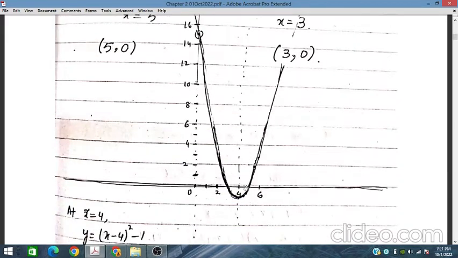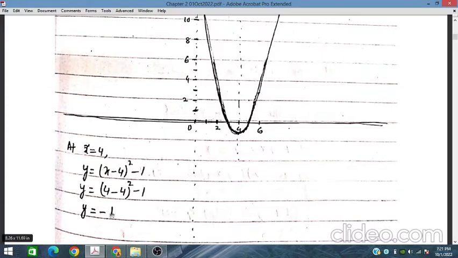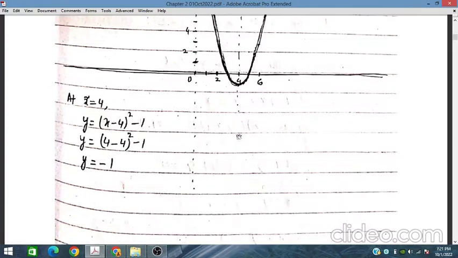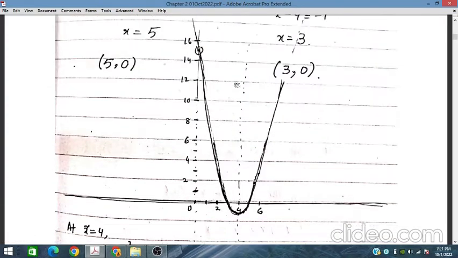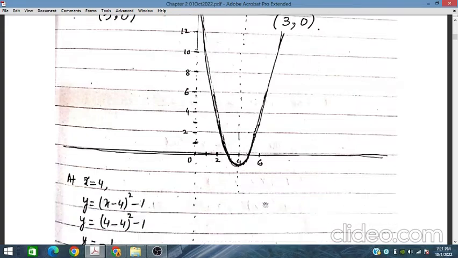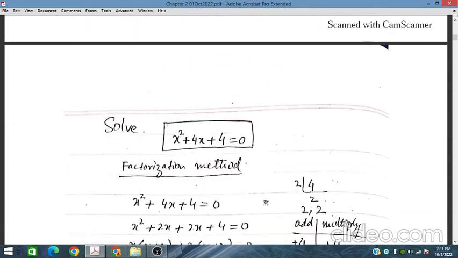This is 5, 0 and this is 3, 0, and we have this 0 comma 15. Since we have these two values here, the middle is at 4. So x is equal to 4, y is equal to minus 1. This is a minimum value. So we have 4 points. One is here, second here, third here, and fourth one is here. So we can plot it like this.